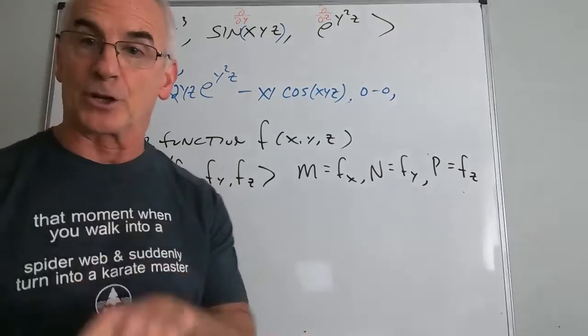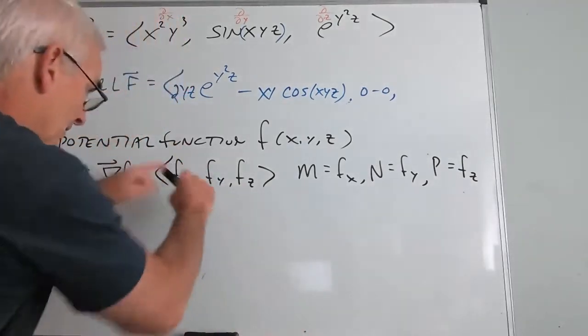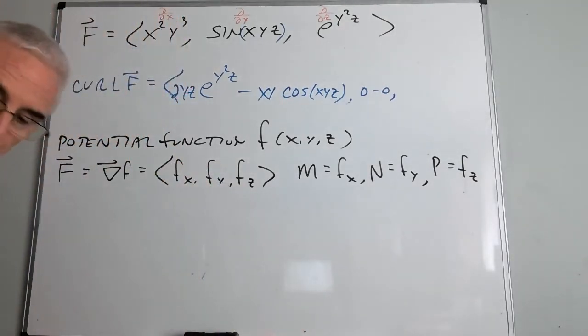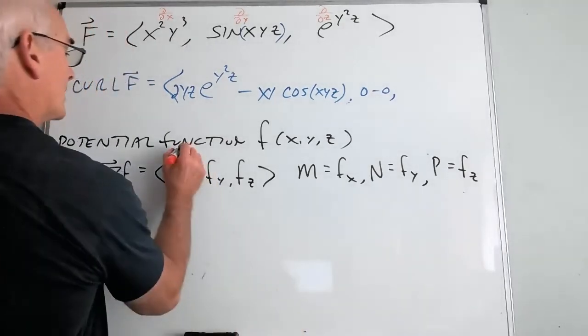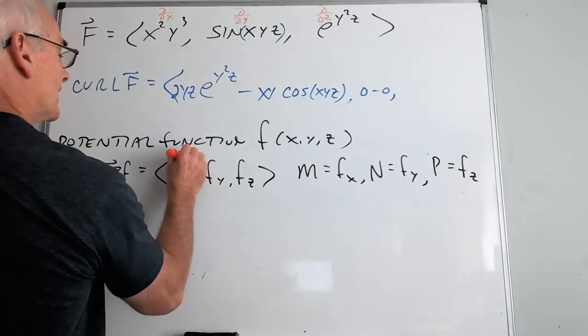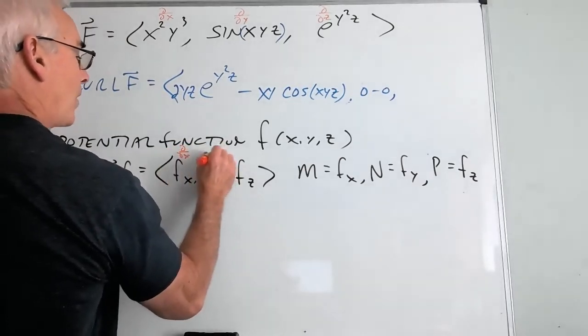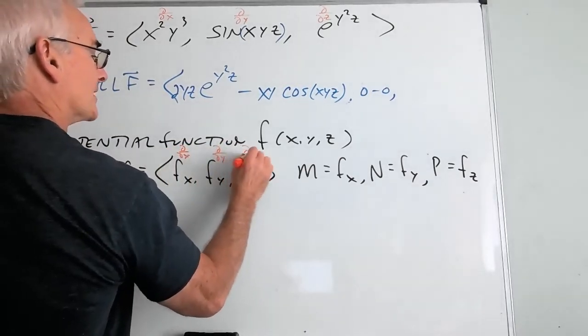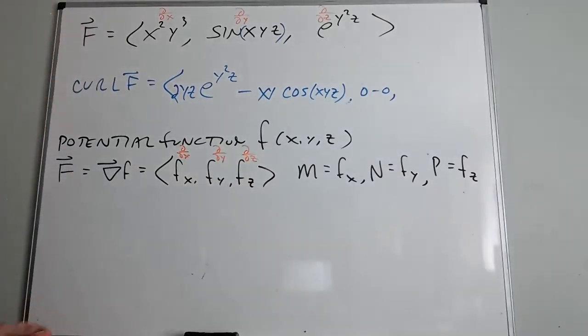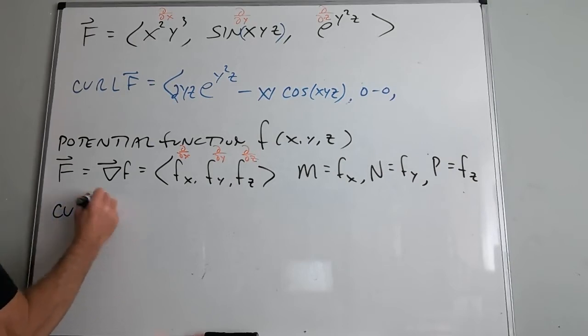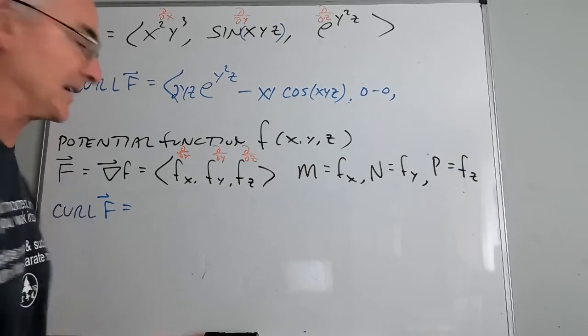I would like to find the curl of this vector, with partial x, partial y, partial z. I always think it's a good idea to write that, then you won't get out of order. So what is the curl of this particular F? The curl of a gradient vector. Well, let's see.